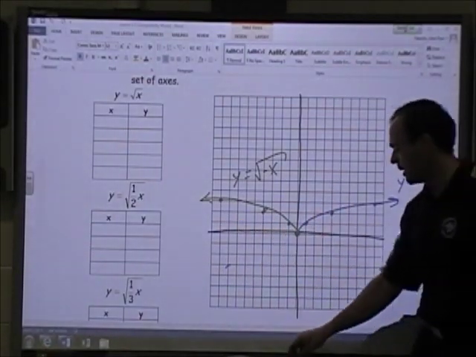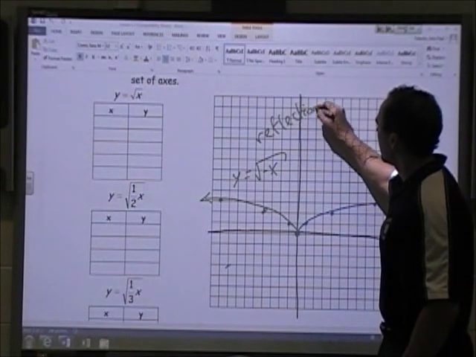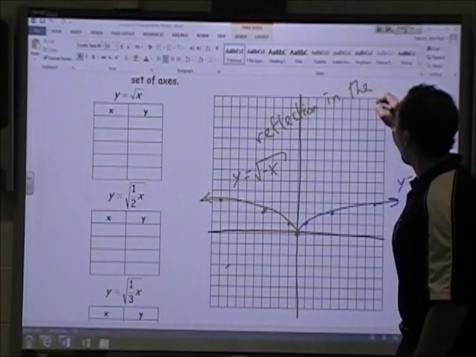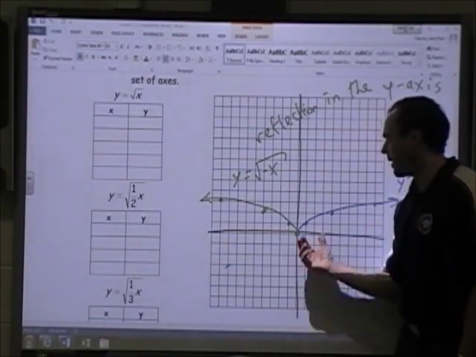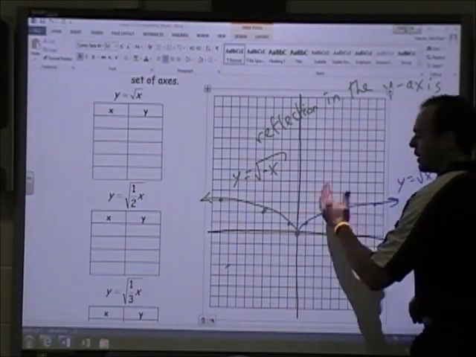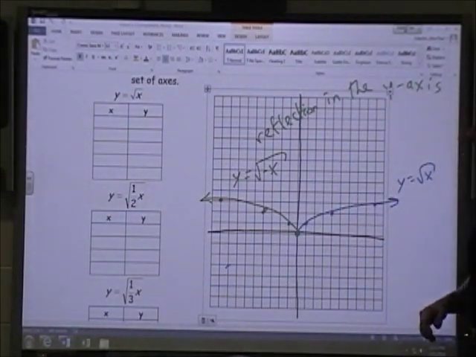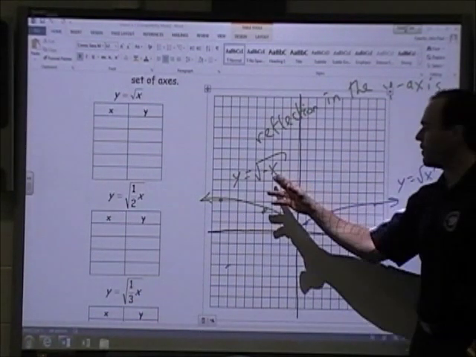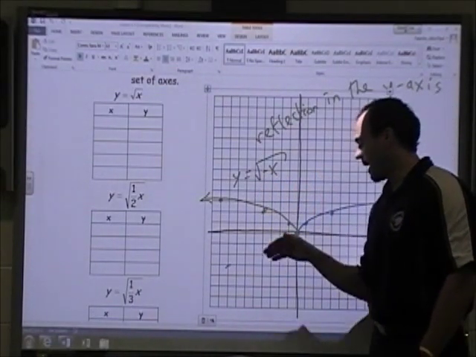So it is actually a reflection in the y-axis. Even though you are switching your x values to negative, this is a flip on the y-axis. So whenever you have a negative inside, that is a reflection on the y-axis.